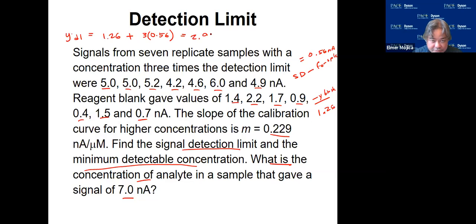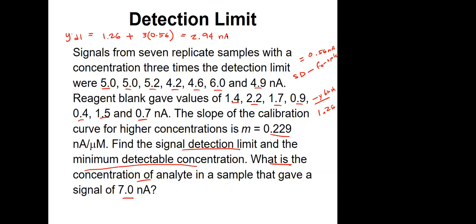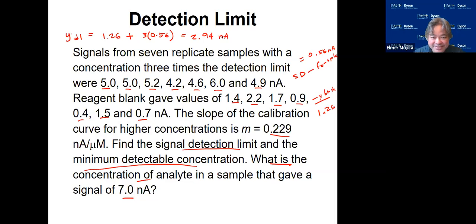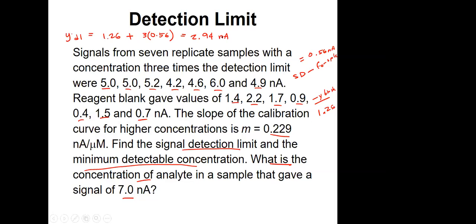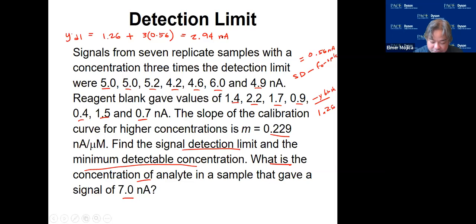I think it's 2.94. Oh yeah, I messed up. I dropped the 1. Because 0.56 times 3 is 1.68 plus 1.26, so you have 2.94. So that's the y detection limit.